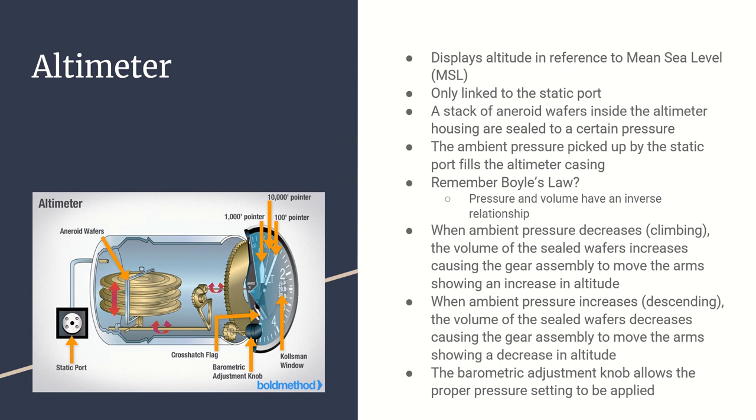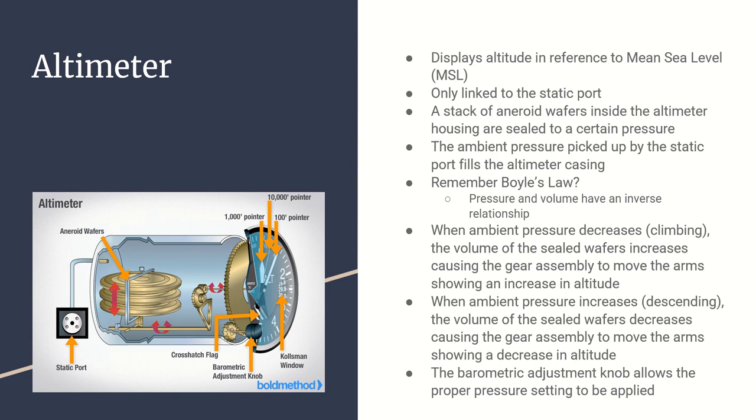Okay, and then pressure from the outside, the ambient pressure, goes inside that static port opening and fills that casing around there. So the altimeter shows different altitudes based on that differential of pressure between the casing and the aneroid wafers. So if we are climbing, then remember the pressure in the atmosphere is decreasing, right?